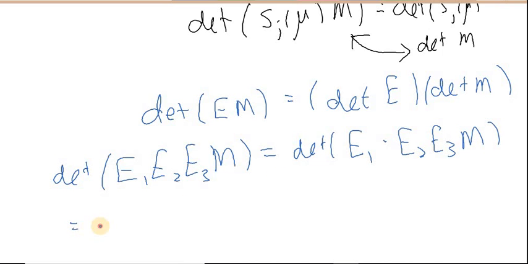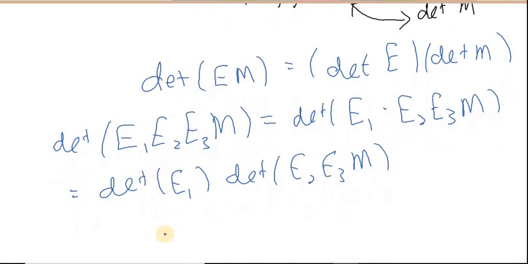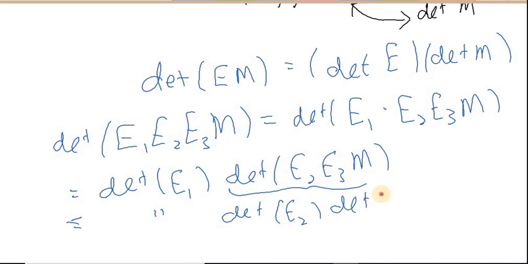And I can write that as determinant of E1 times determinant of E2, E3M. And now I can consider this one as the product of E2 times E3M. So that's going to be equal to, I'll leave this one the same, I'll just leave this as ditto. And then this becomes the determinant of E2 times determinant of E3M.